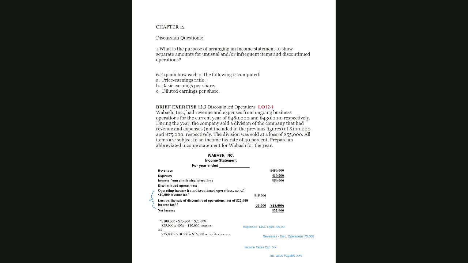You would have to look at what the operating income was from the discontinued operations. Then basically you would determine from your journal entries, from your general ledger, you would have to research and see that the amount of net income from discontinued operations equals $25,000.